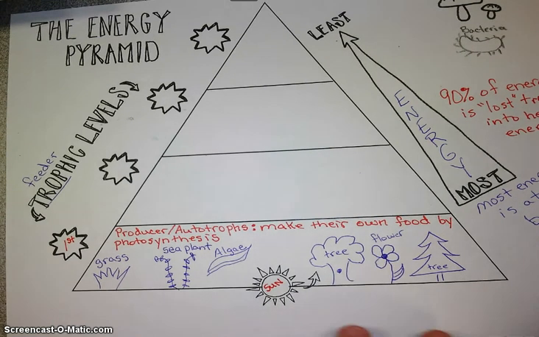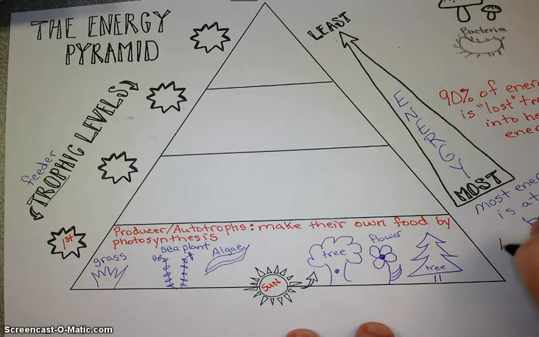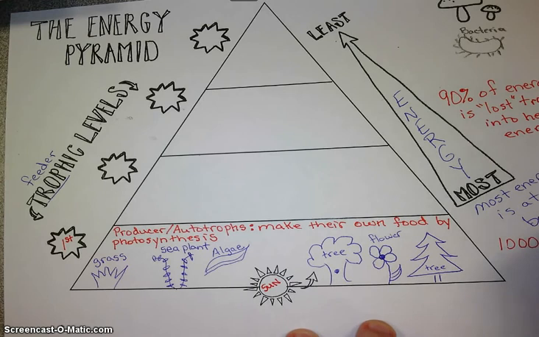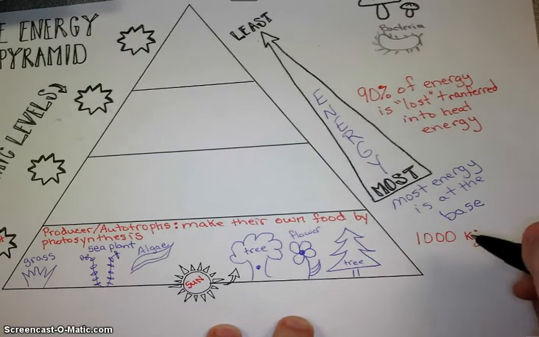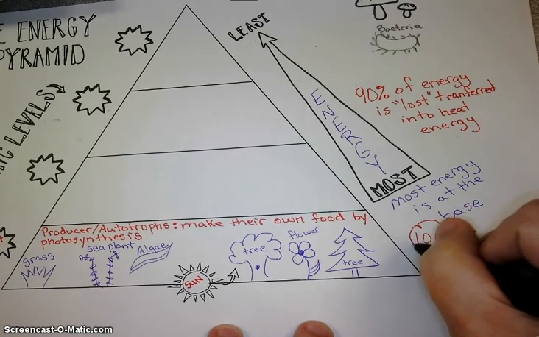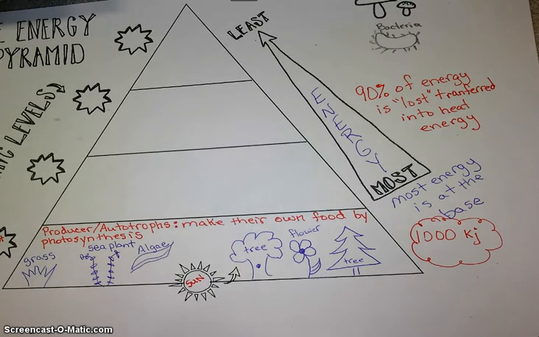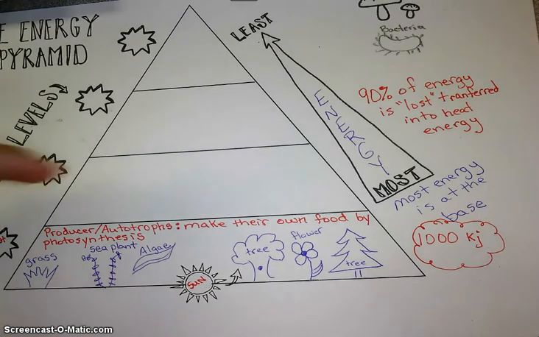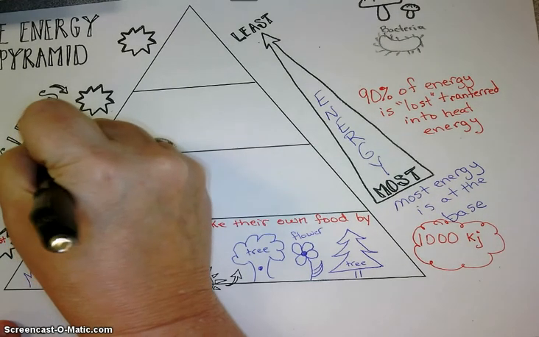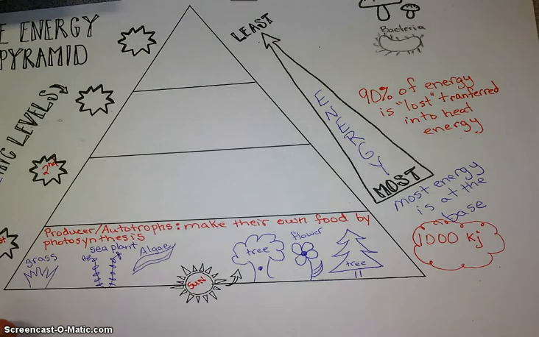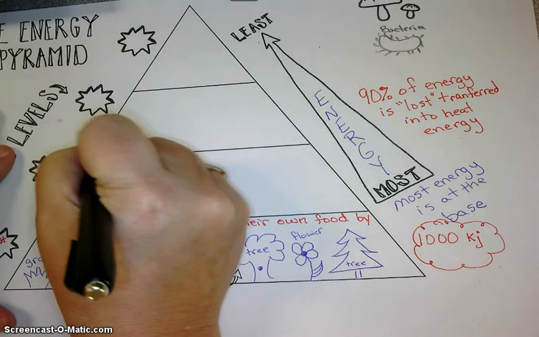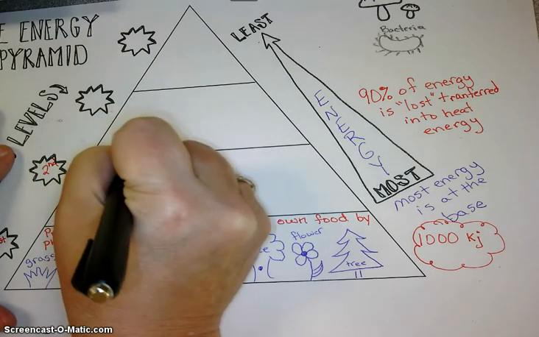So let's say that I had 1,000 kilojoules, which is a unit of energy, I had 1,000 kilojoules of energy in this tree. And the next level up, on the second trophic level, I have, primary means first, right?